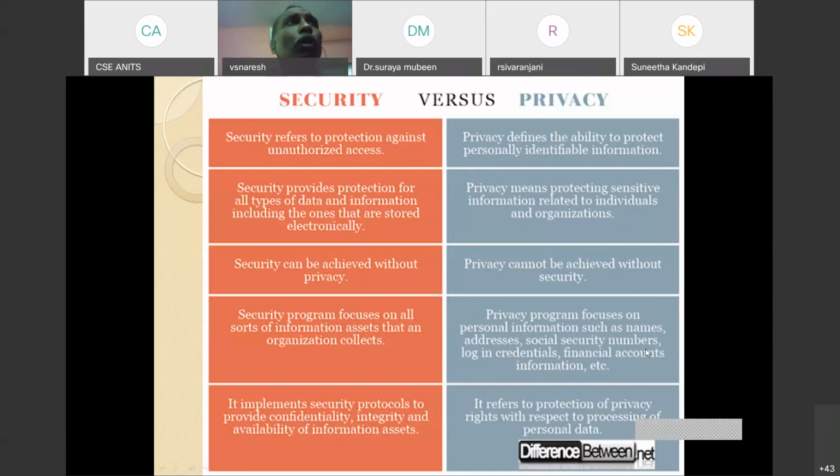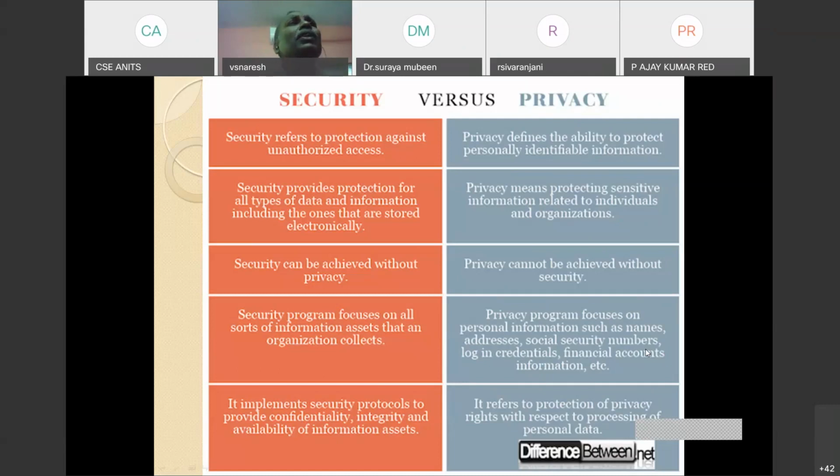Security provides protection for all types of data information, including the ones that are stored electronically. Privacy, I already told, is nothing but protecting sensitive information. Here, security can be achieved without privacy, but privacy cannot be achieved without security.